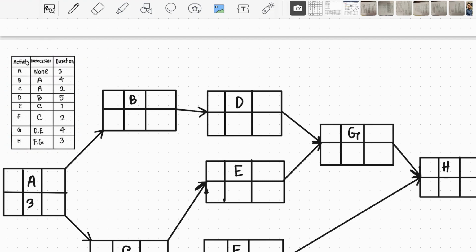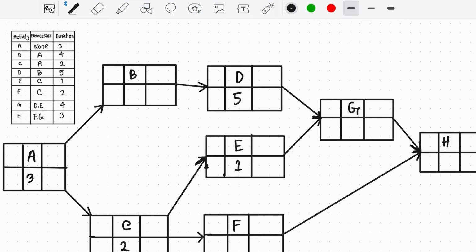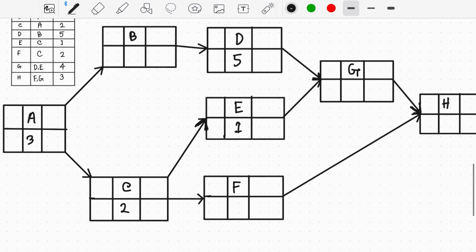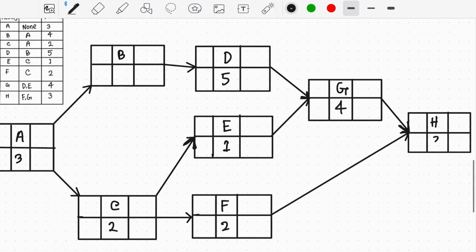For the C activity we have 2 weeks, for D we have 5 weeks, for E we have 1 week, F 2 weeks, G 4 weeks, H 3 weeks.